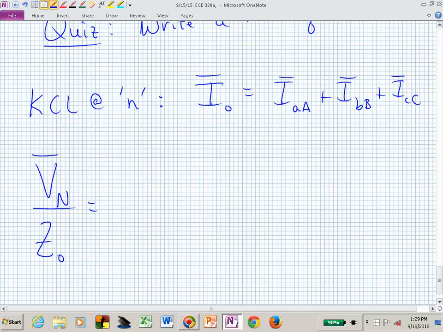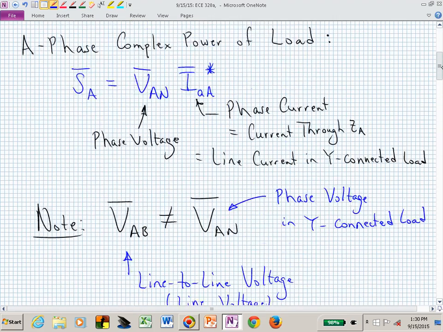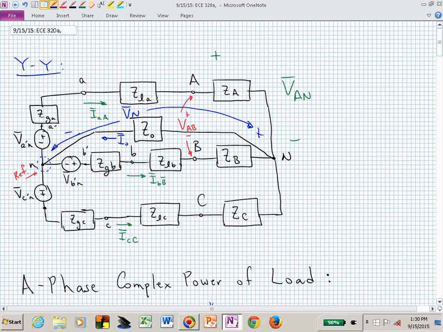Now you can see what we have to do. We have to find I sub little a capital A. And what is that? Capital I sub little a, capital A is flowing through three different impedances in the A phase, and the voltage across that is just the voltage from the A prime terminal over to the capital N terminal.